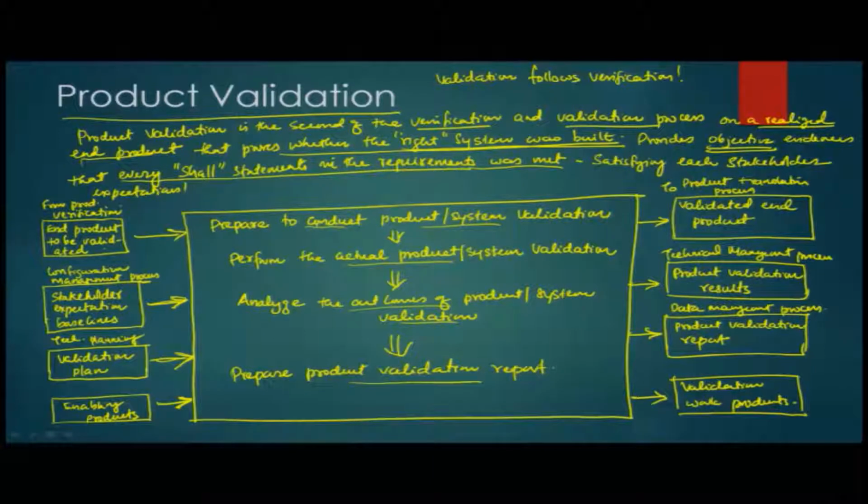From there, you do validation, which is a 4-step process, where you first prepare yourself to conduct the validation, then you conduct the actual validation, then analyze the outcomes of the validation, and then the product validation report you prepare. And the output is the validated end product, which will go to the product transition process. The product validation results will go to the technical management process. The data management process will take the report, and the validation work products are also an output, because if you want to do further validation, then these are necessary.